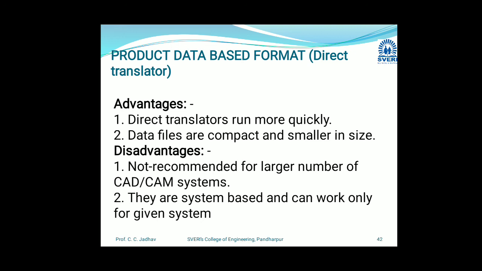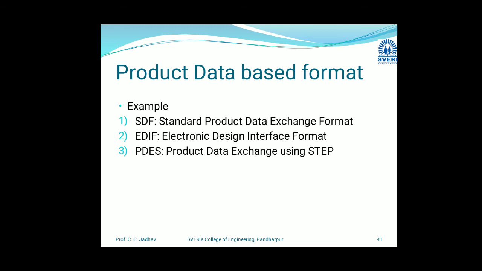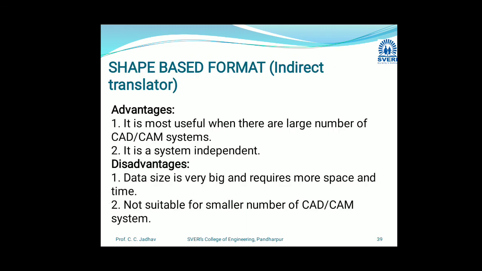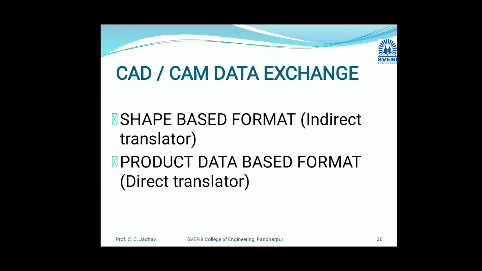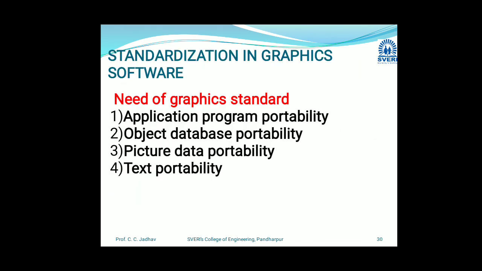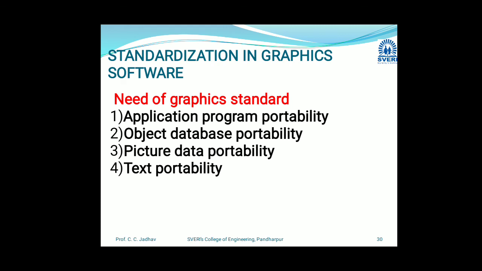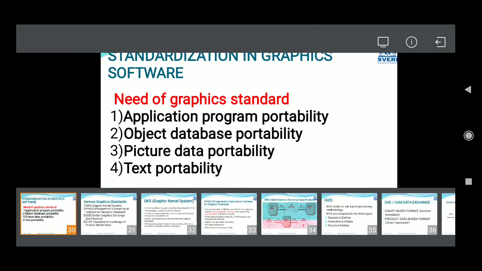Today in this lecture we have seen first the standardization in graphics software, and we are using different standards for this system. How we can improve the graphics system, and what is the basic need of graphics standards.